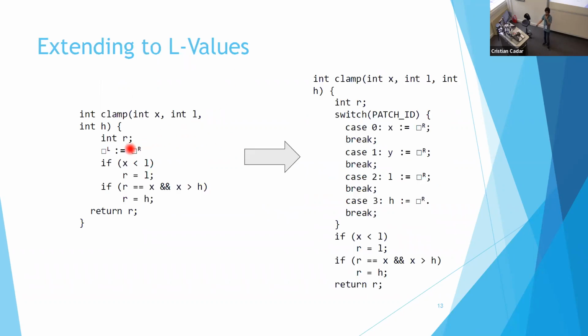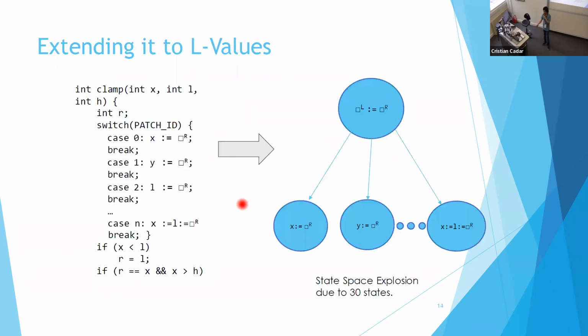And this approach can be easily extended to also handle L values by just enumerating every possible L value in a switch condition. It's a pretty naive approach because usually there can be a large number of L values and there could be multiple L values for an expression. So this can rapidly explode our number of paths.